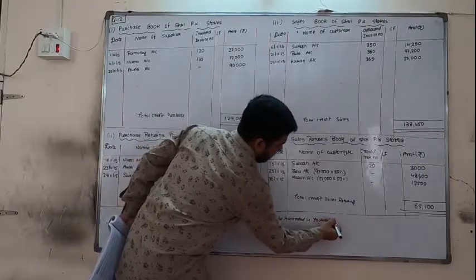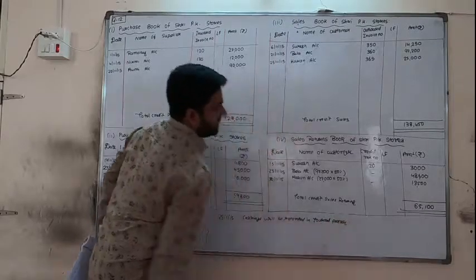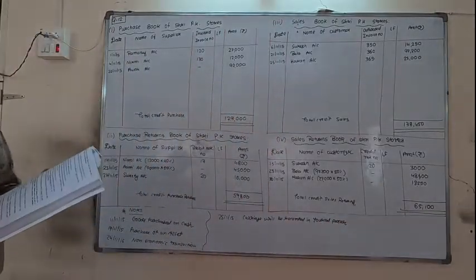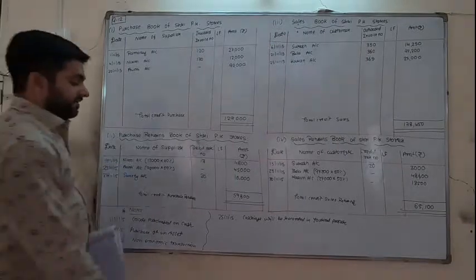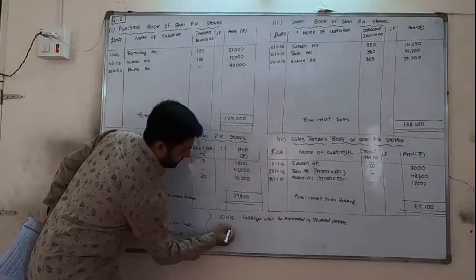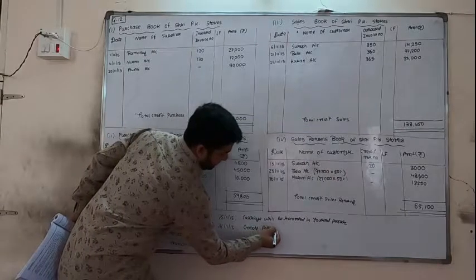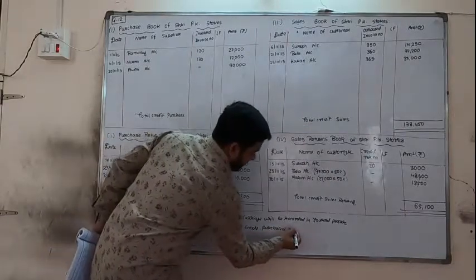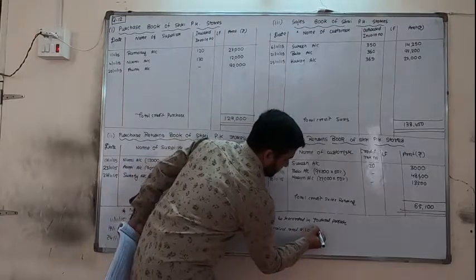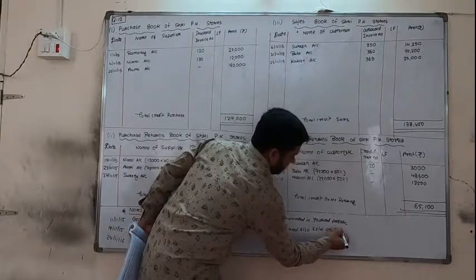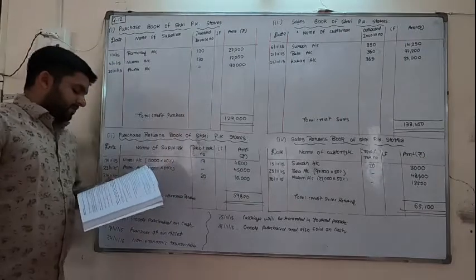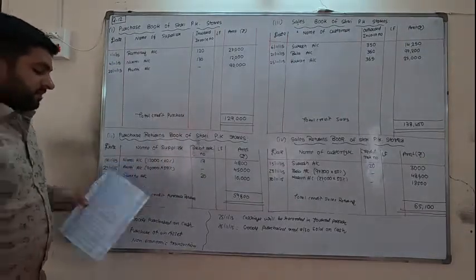In journal proper. What is this journal proper? We will learn in next upcoming chapter. Okay, don't worry. Then again 26th, goods purchased and also sold on cash. Then 27th we recorded. Now last 30-11-15.